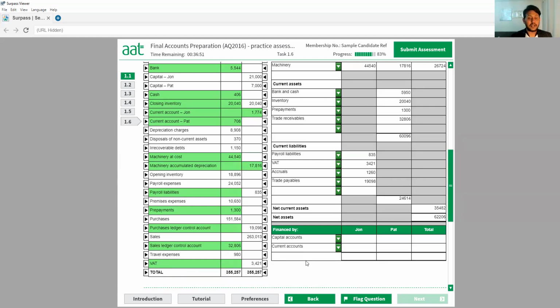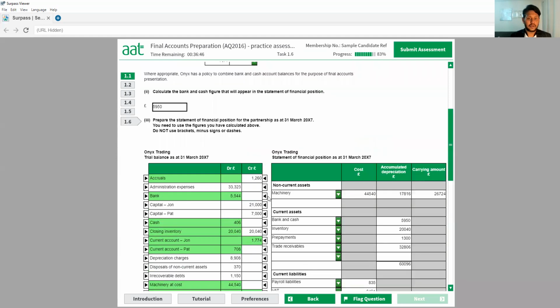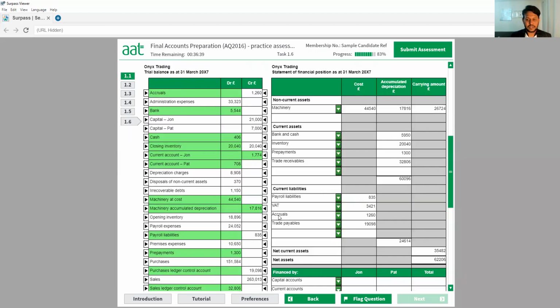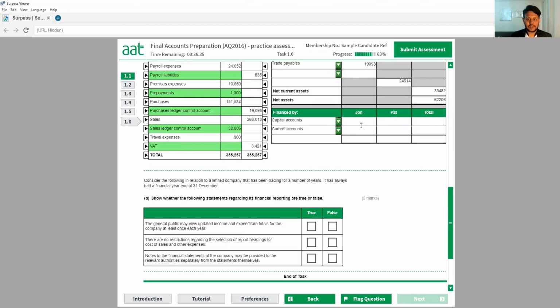Capital and current. The current account you already have done before on the top, if you remember. We have done our current account, and this is the current account balance. So let's do this one first. The current account balance for John is 26,629, and for Pat 7,577.